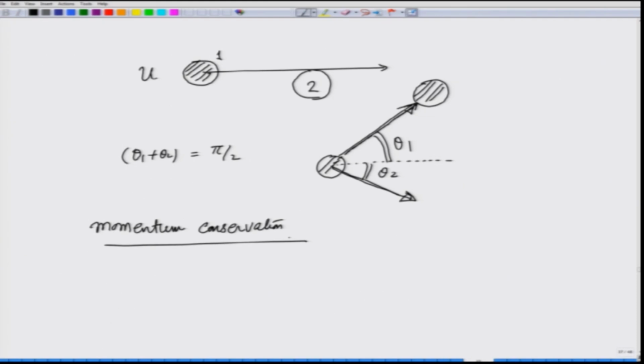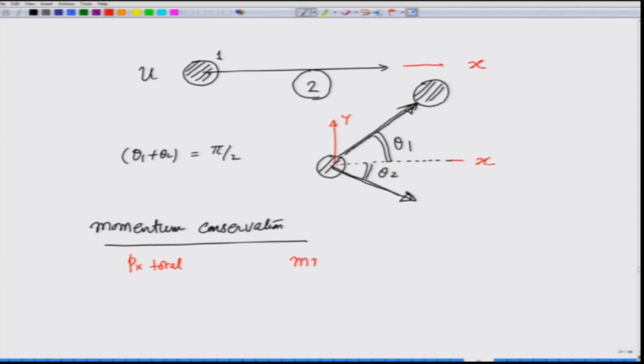For good bookkeeping I have called the initial direction in which the ball was moving x direction and the perpendicular direction to be y direction. Since there is no external force, momentum is conserved, and therefore Px total is same as it was earlier.